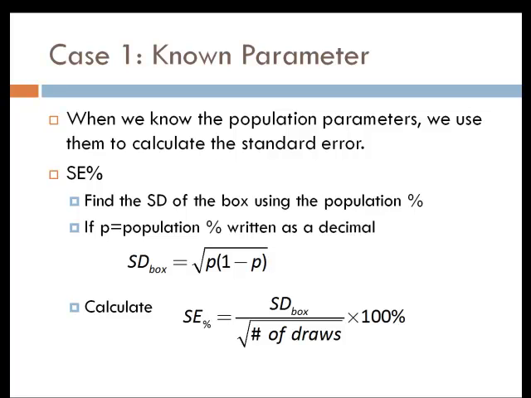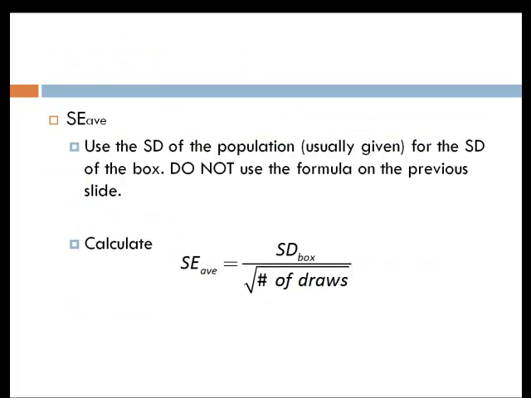That gives us the SD of the box, and then we use this formula here at the bottom for the SE% to give us the width of that normal curve centered around the expected value for the percentage. We did the same kind of thing with the SE average.